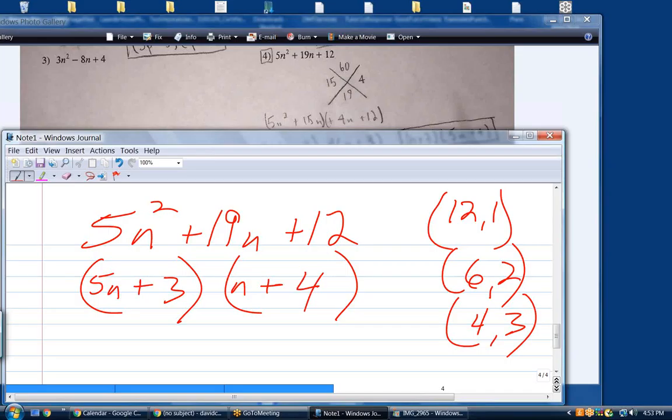Tell me what middle term that produces. 3n. No, that's just the n side. Yeah. Remember, it's the sum. You have to multiply that times that and multiply that times that and add your two results together. That's what produces this term.